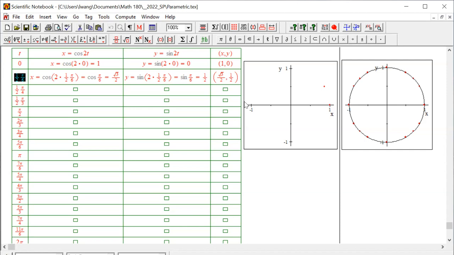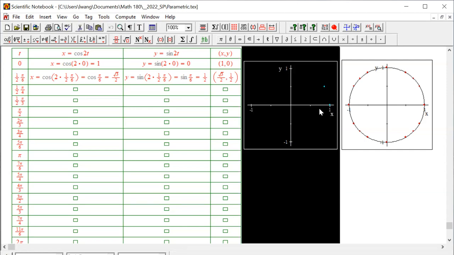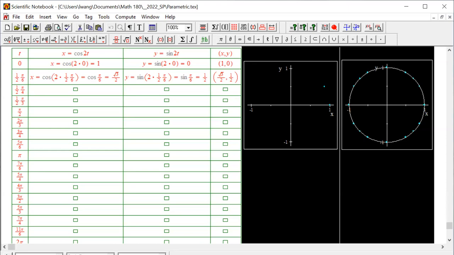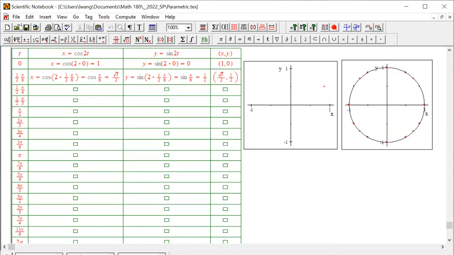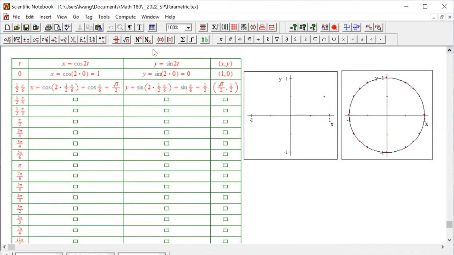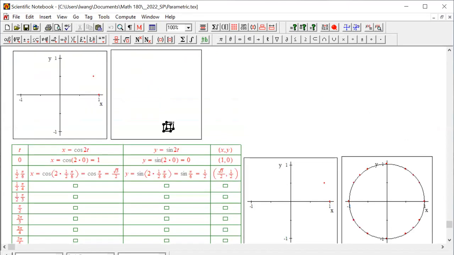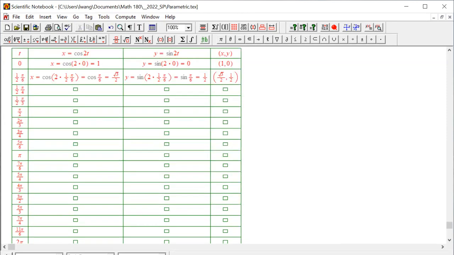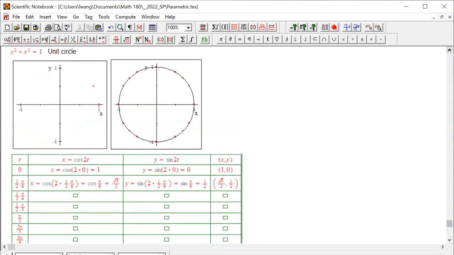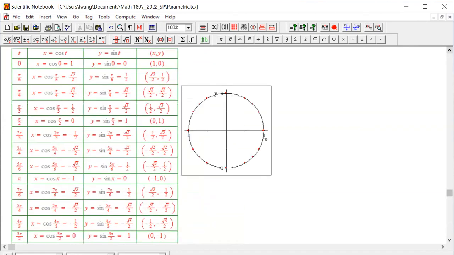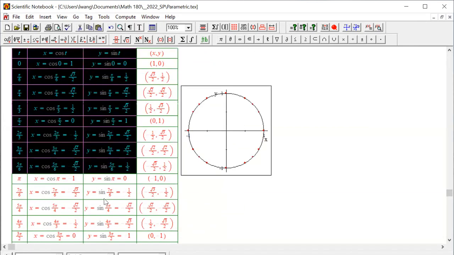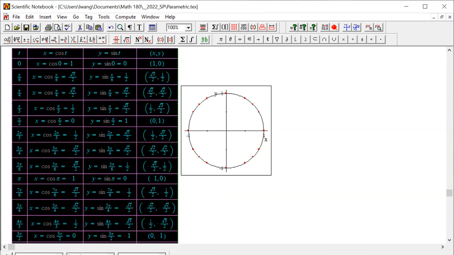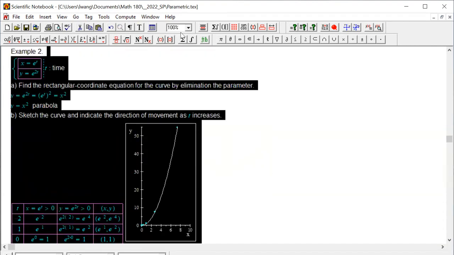To make that comparison, let me put it over here. That's what I wish to show you, these two pictures right here. And I will bring the previous table over here. That's going to be hard to make that table.